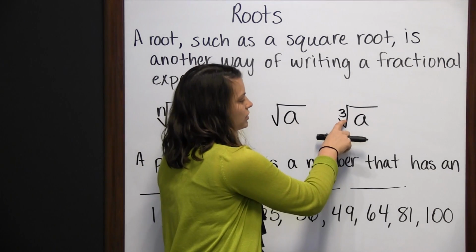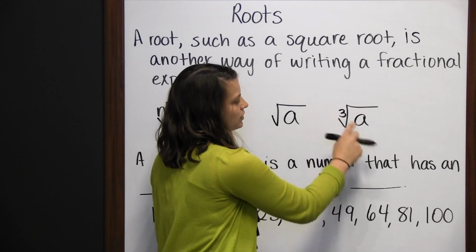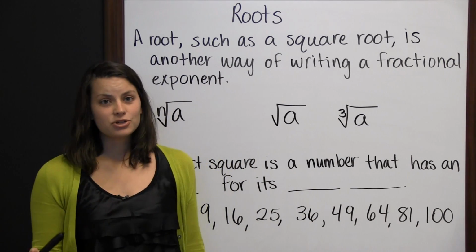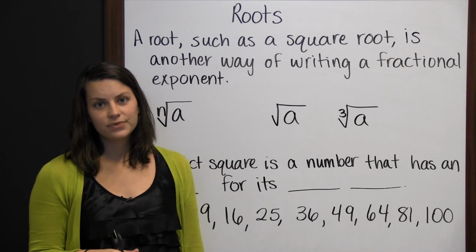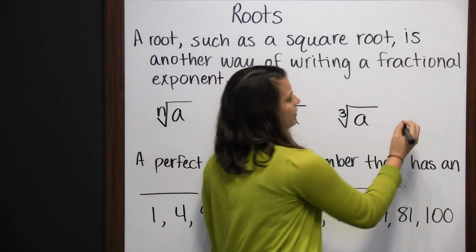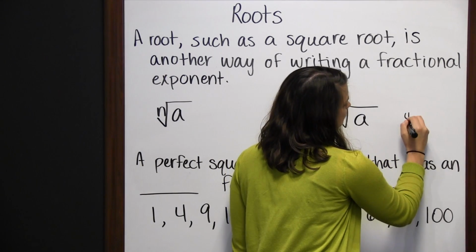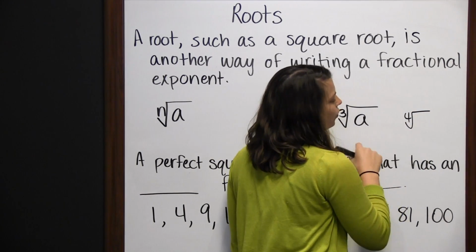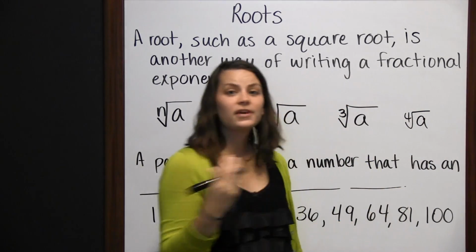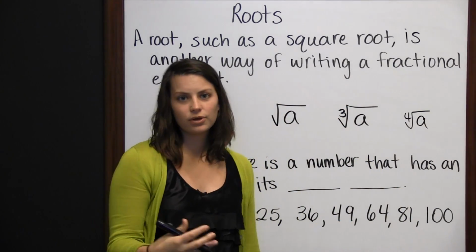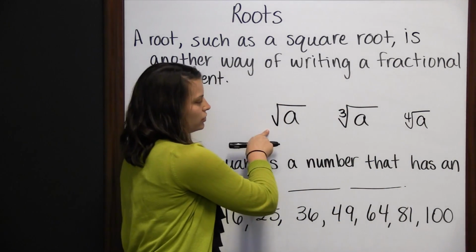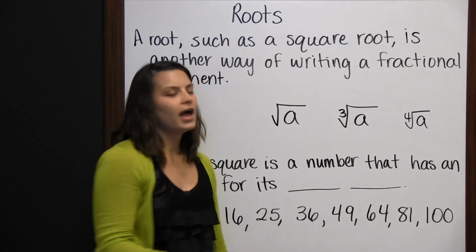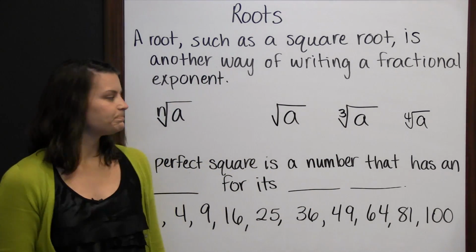So we don't put the 2 there, it's just understood that it's there. With a 3 here, this would be read as the cube root of a, and those are our special ones that we've given names to. So after that, say you had 4, that would be the 4th root of a, 5th root, 6th root, 7th root, but square root and cube root have been given special names.